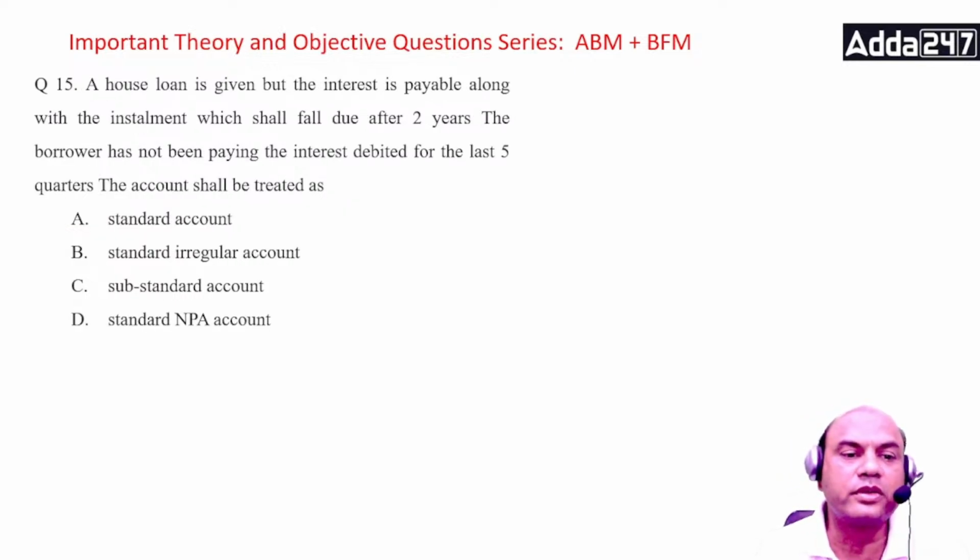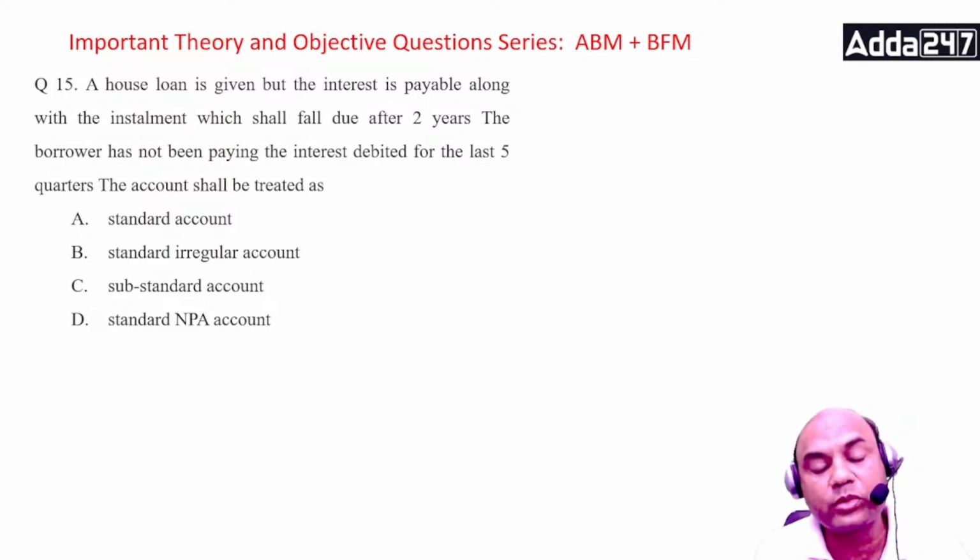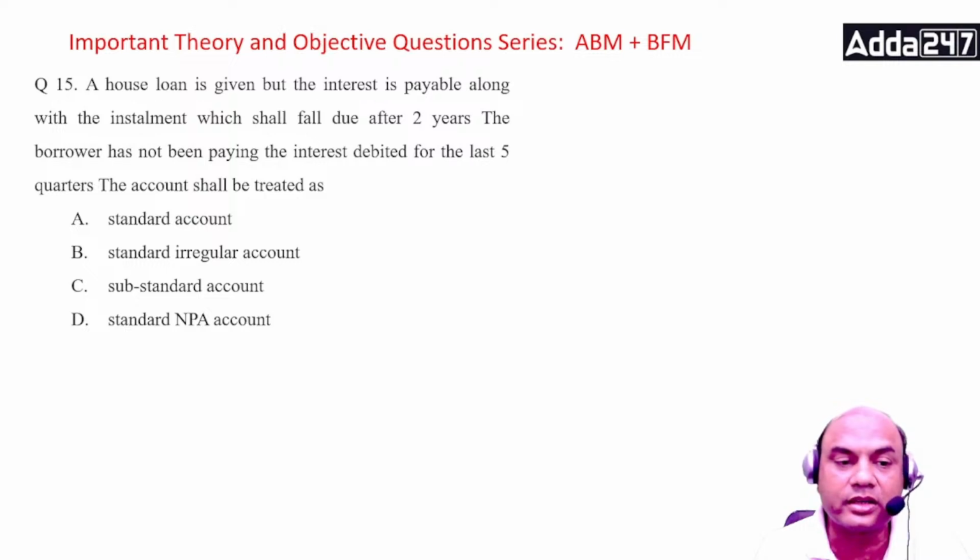A housing loan is given, but the interest is payable along with the installment, which shall fall due after 2 years. The borrower has not been paying the interest debited for the last 5 quarters. The account shall be treated as what? So the installment will fall due after 2 years.